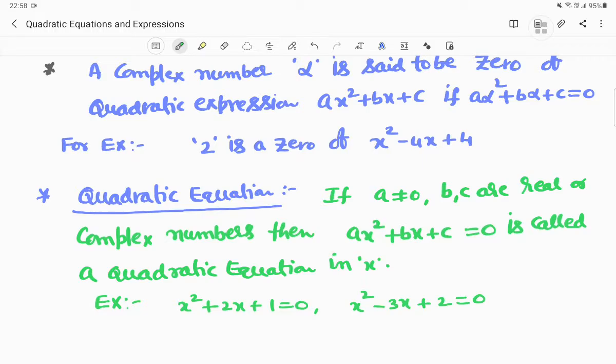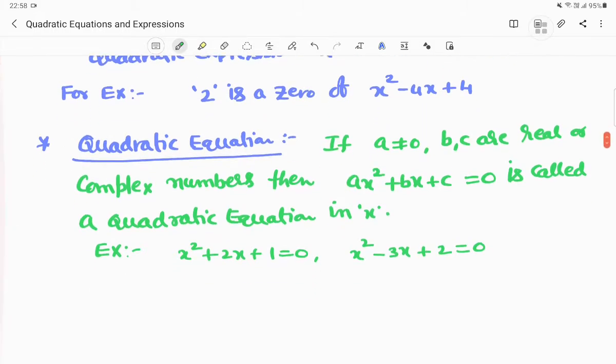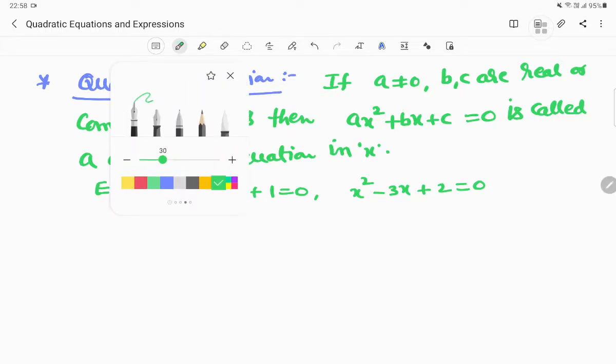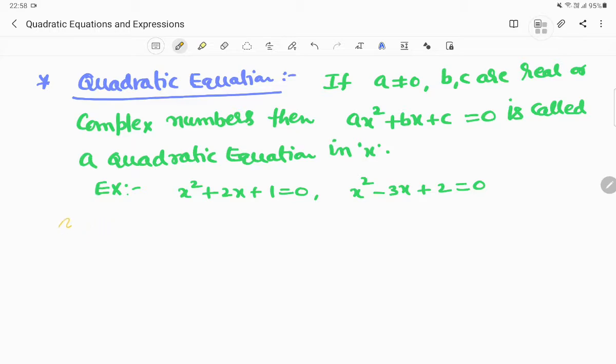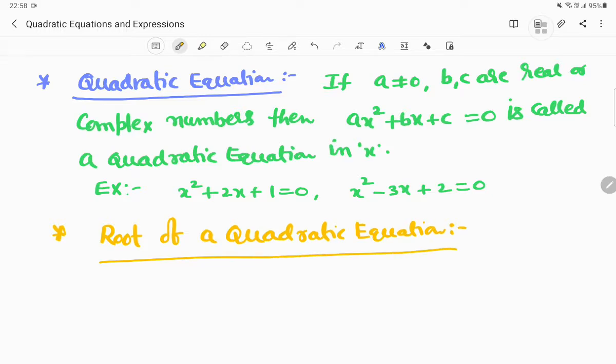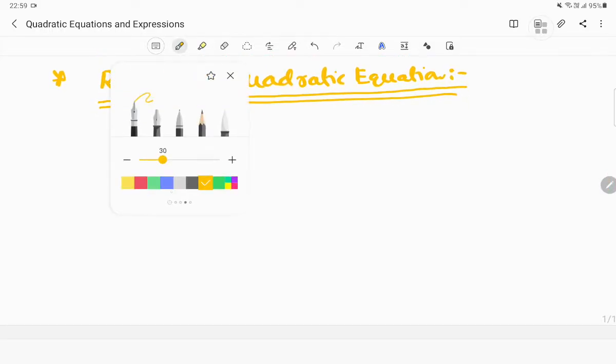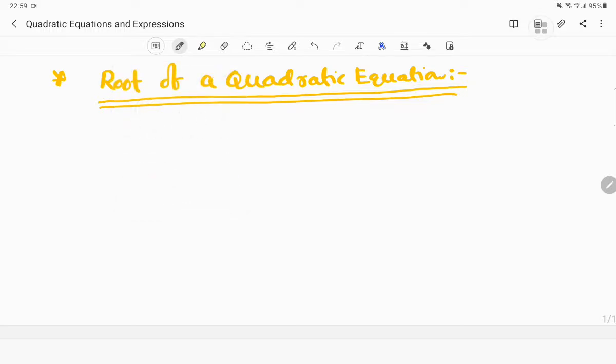After defining the quadratic equation, we have another important concept, a root of a quadratic equation. So how to define the root of the quadratic equation?